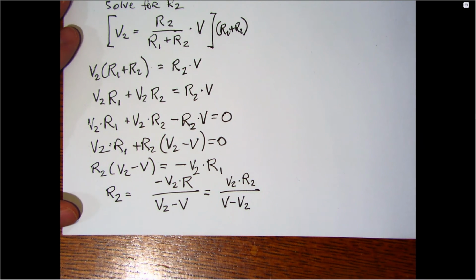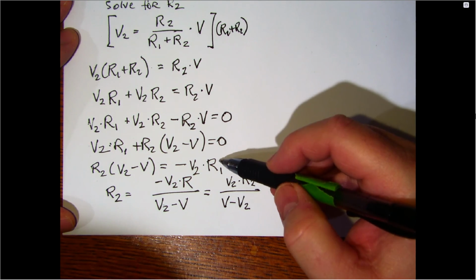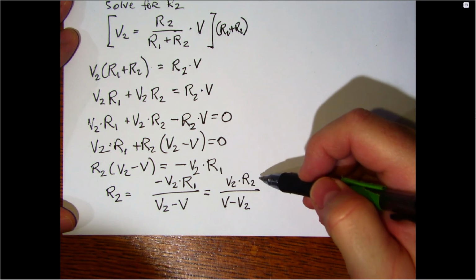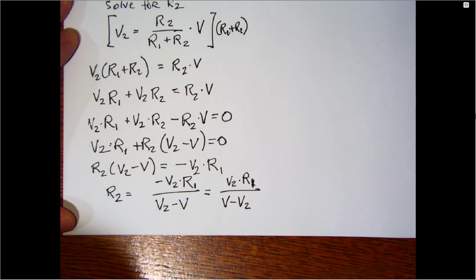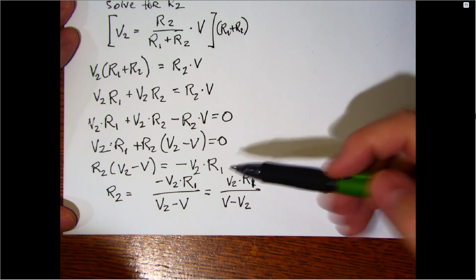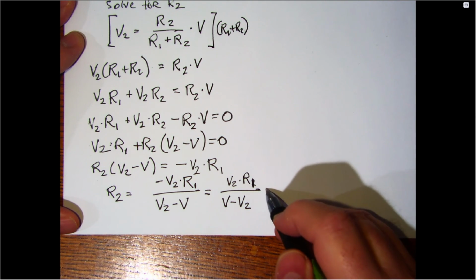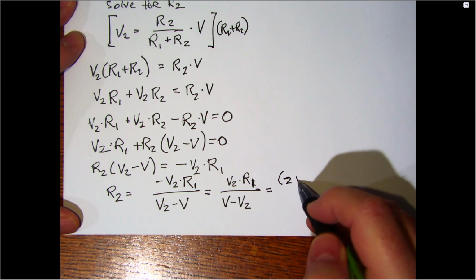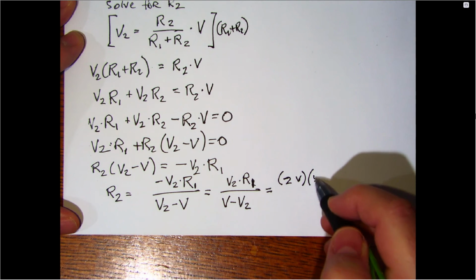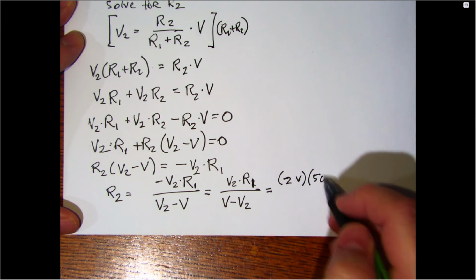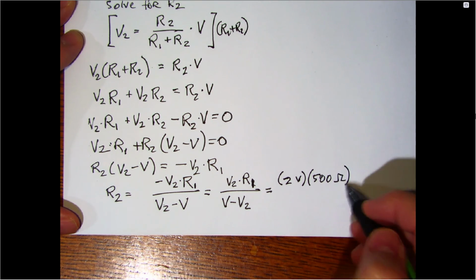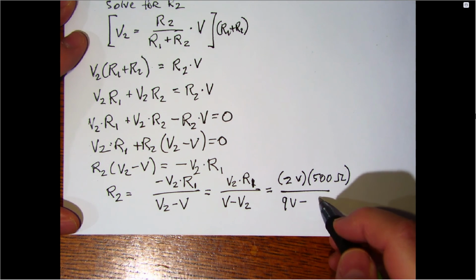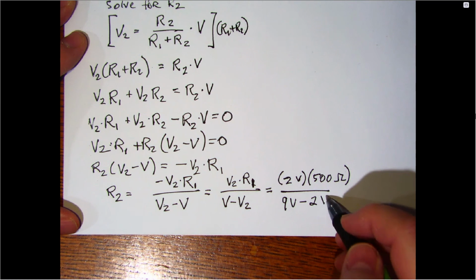So let's see what we get here. Sorry about that. Okay, let's put in the values. V2, we want that to be 2 volts. R1 was 500 ohms. And then V is 9 volts minus V2 is again 2 volts.